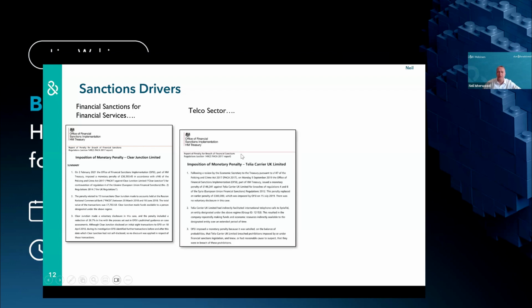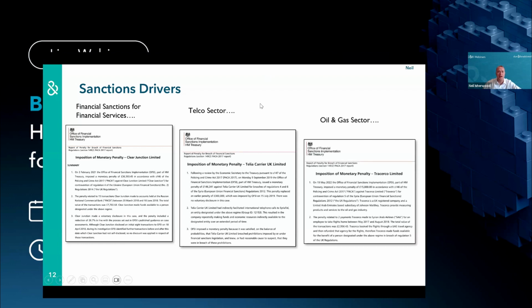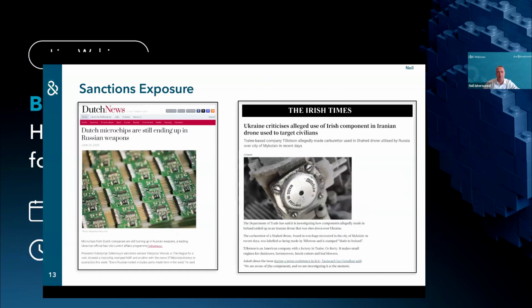But then we also see a telco company, Telia, which got fined for facilitating calls to Syriatel. And finally, we see a subsidiary of Johnson Matthey, Tracerco, which makes measuring products and services for the oil and gas industry. So you can see it's not just banks that need to worry about this. Sanctions apply across the entire industry spectrum.